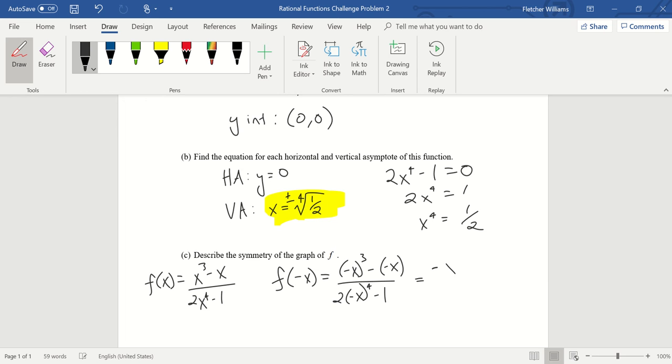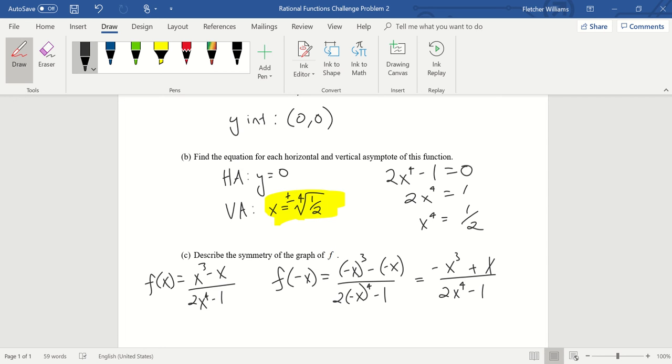Those simplify out as follows: negative x cubed plus x over 2x to the fourth minus 1. That does not equal f of x, so it's not even. So in other words, what we're saying is the right side is not the same as the left side. f of x, the right side, is not the same as the left side, f of negative x, so not even. It's not symmetric about the y-axis.